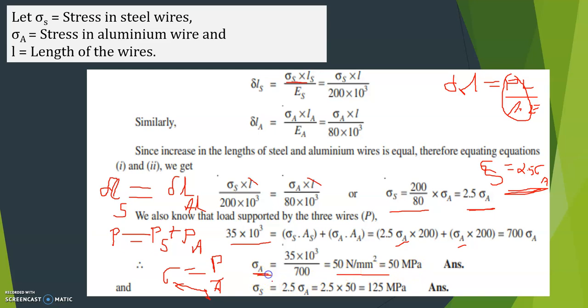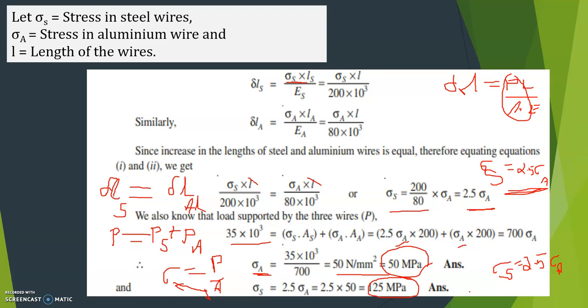Once you know sigma A, you can calculate sigma S. Sigma S is equal to 2.5 times sigma A, so substituting the value of sigma A, you will get 125. So the stress developed in the aluminium bar is 50 Newton per millimeter square, and the stress developed in the steel bar is 125 MPa, or Newton per millimeter square.